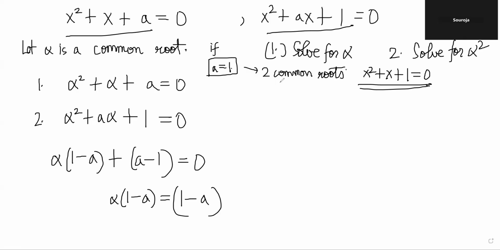It should have two common roots, but actually both the roots are complex roots. So no real common root, because if a is 1, the equations are giving us no real roots, right?